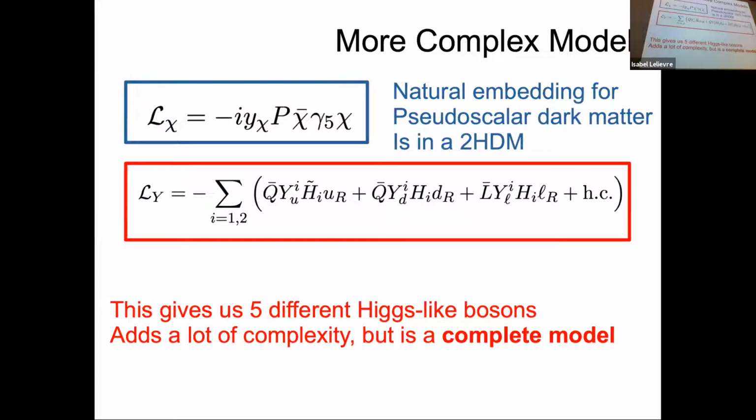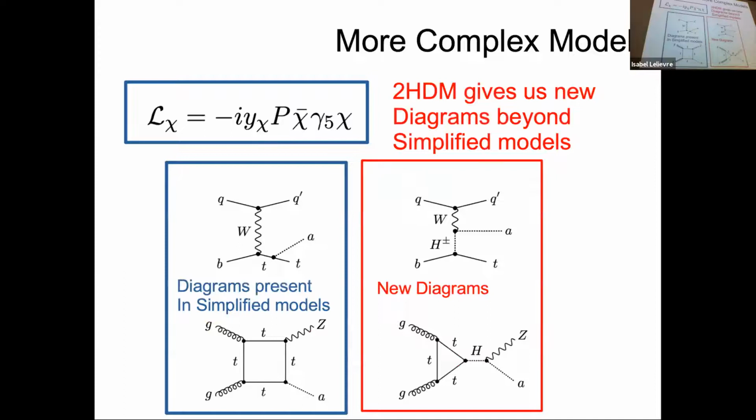Despite the nice short name, the actual model is very complicated. You end up with 5 different new Higgs scalars or pseudoscalars, right? Five new Higgs-like bosons means you have a lot of parameters, and things get really complex.